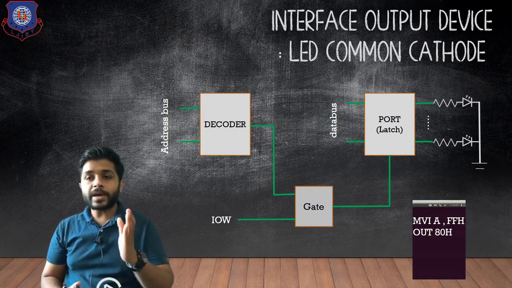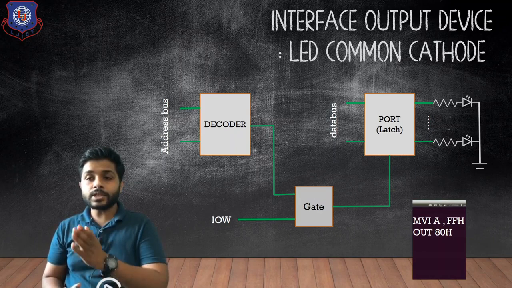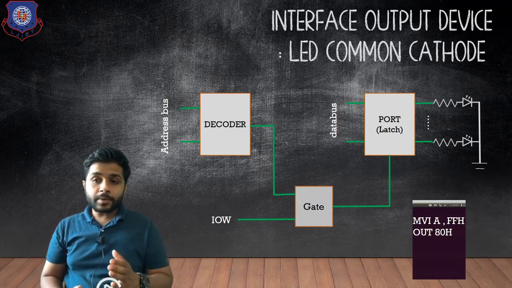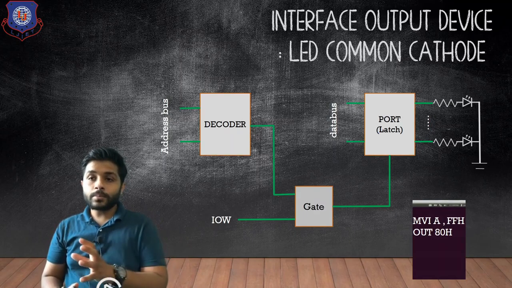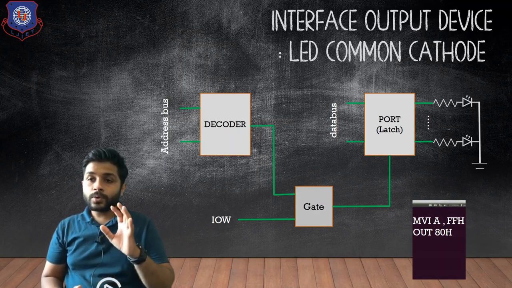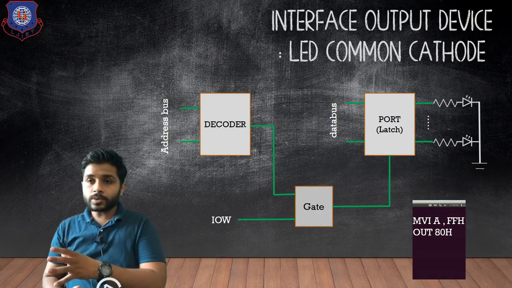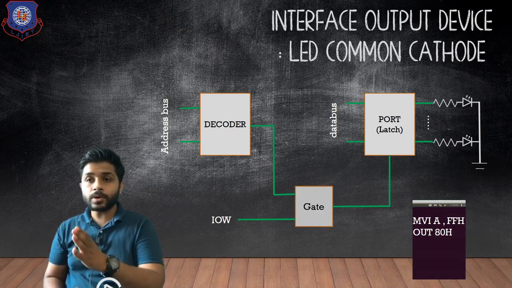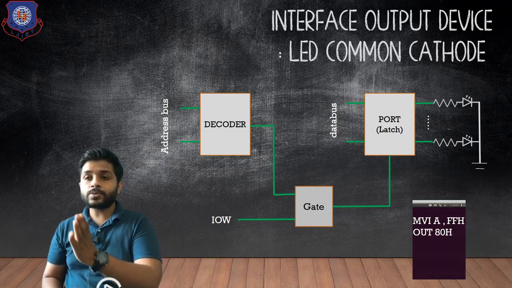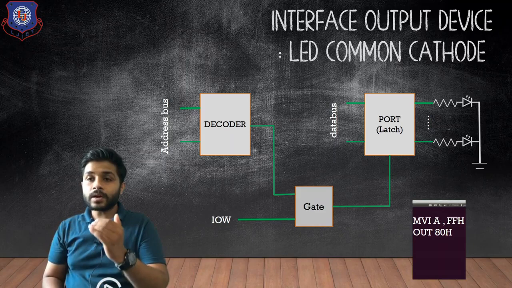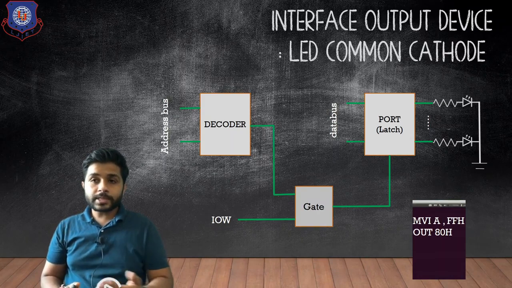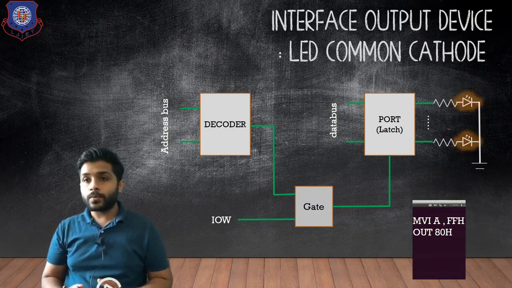Then when the microprocessor executes the OUT A0H instruction, the processor will transfer data using the data bus from the accumulator to the port, and that data will be passed to the LEDs. Because we are sending FFH, all the LEDs will glow. So you can see that when the program is executed, all the LEDs will glow.